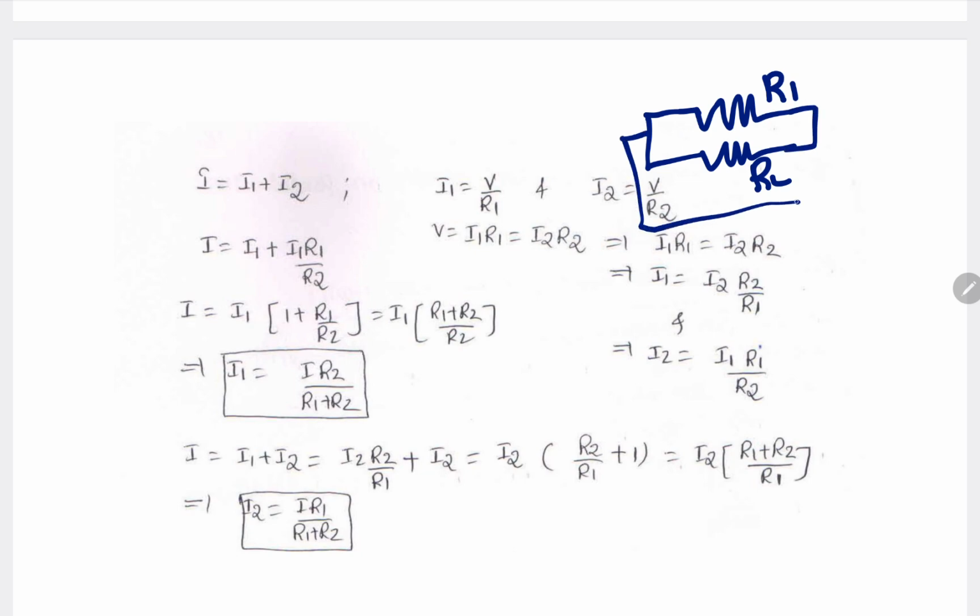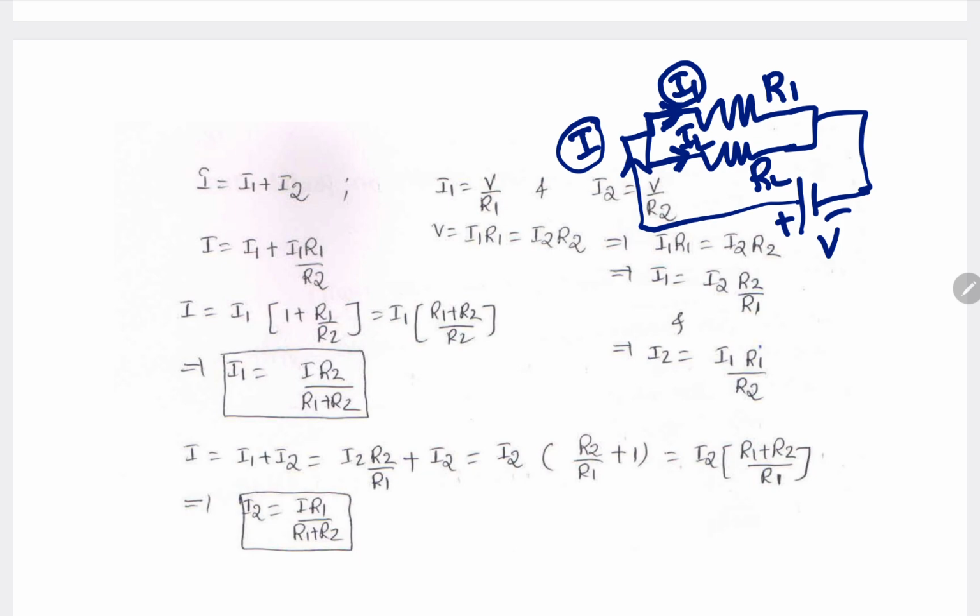Both are connected in parallel across the power supply voltage V, the total current is I, and it divides into I1 and I2. So I know the total current, and this total current is getting divided into two parts, one part I1 and the other part I2. I want to find out this individual current I1.